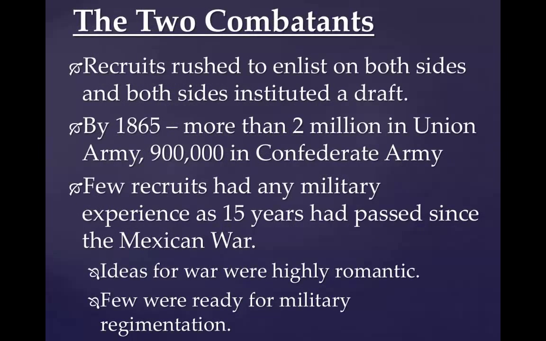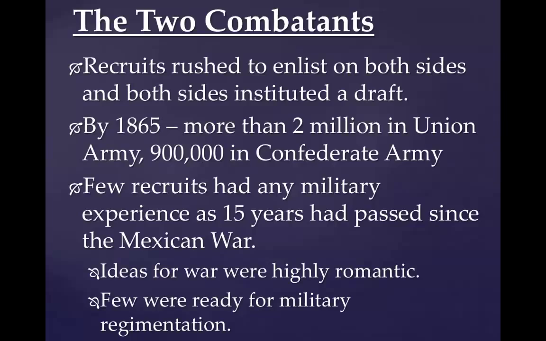Continuing to talk about both sides a little bit, on both sides you had a really big rush of recruits enlisting, and ultimately both sides are going to institute a draft as well when those enlistments start to drop later in the war. By 1865, you have a large number of soldiers who have fought for the Union and the Confederacy.